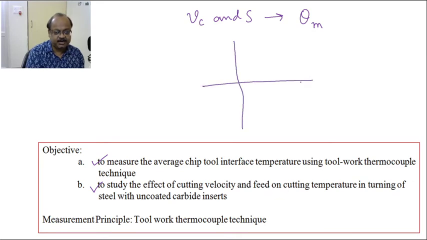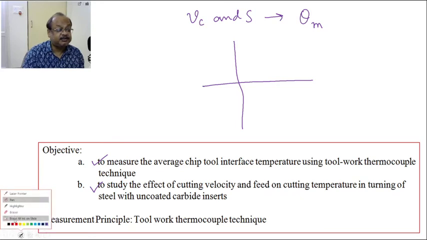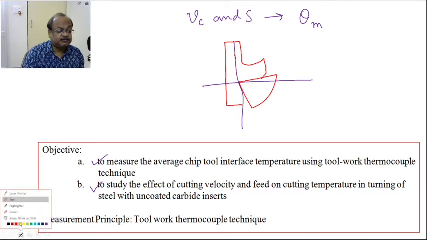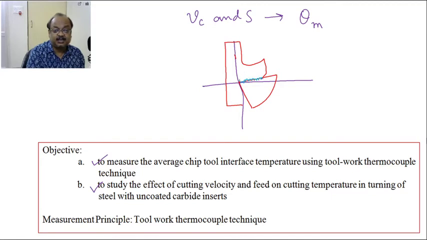If you look at the chip formation in the orthogonal plane, I am intentionally drawing a negative rake tool. There would be heat generation over here, and also heat generation at the primary shear zone.